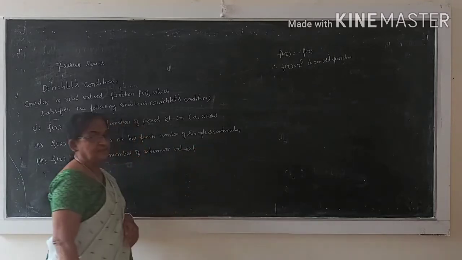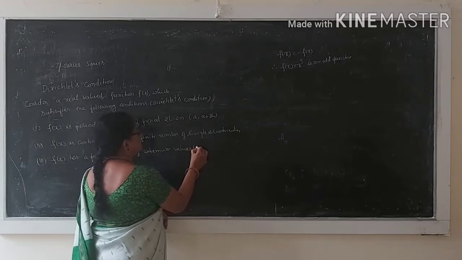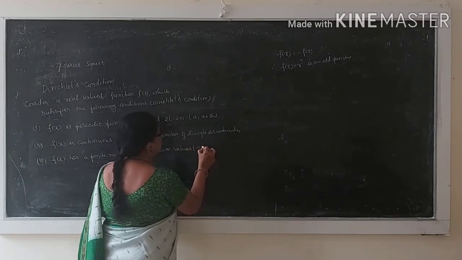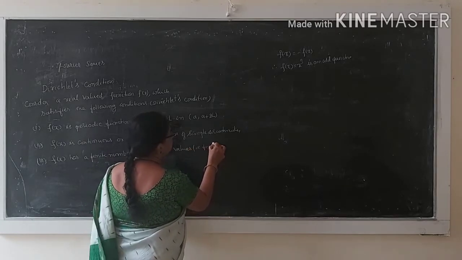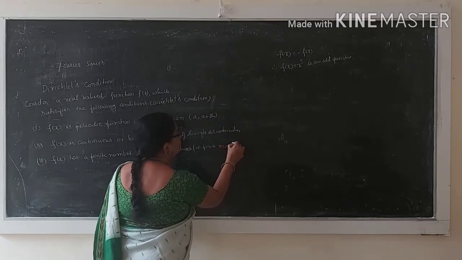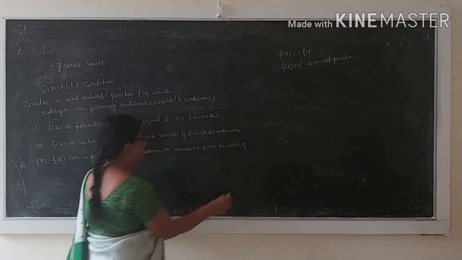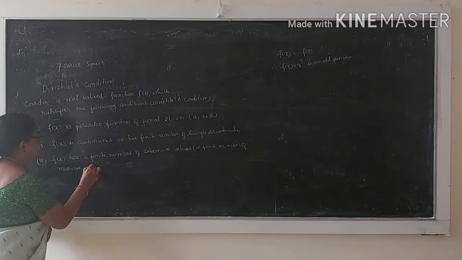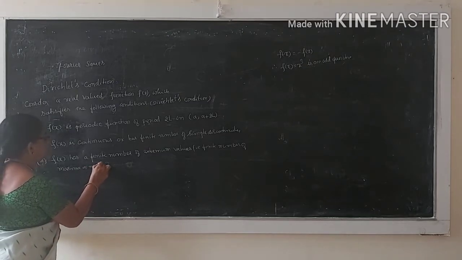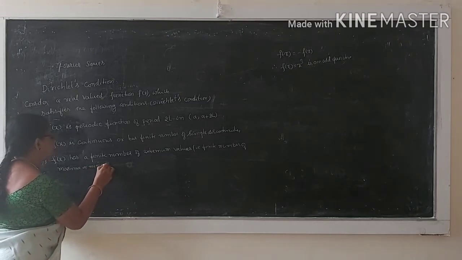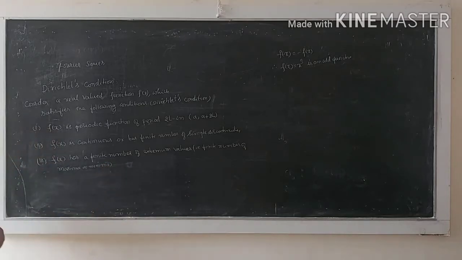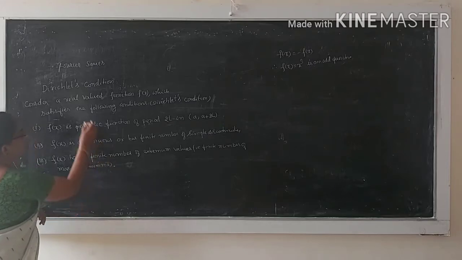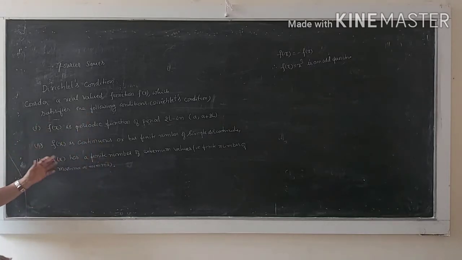What is meant by extremum values? That is, a finite number of maxima or minima. These three conditions are known as Dirichlet's conditions.